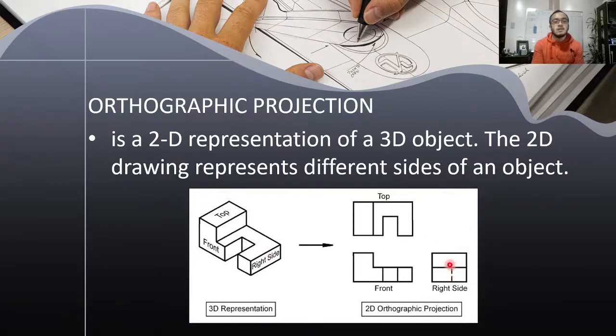But what does this broken line represent? If you can see here that there is actually a certain plane right here, a certain object right here, that if you would be looking at it from this side, you won't see it, but it is actually important. So, we still need to put it there.